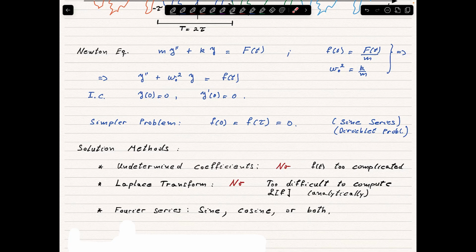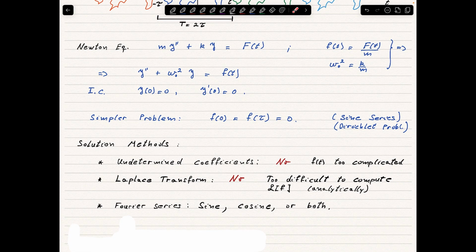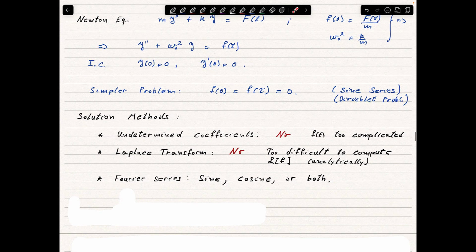So this is what we want to do, but in order to do that, and in order to use all the machinery of Fourier series, which is what we have been using in boundary value problems, what we need to do is generalize what we have done to get this Fourier series in the space coordinate to the time coordinate.